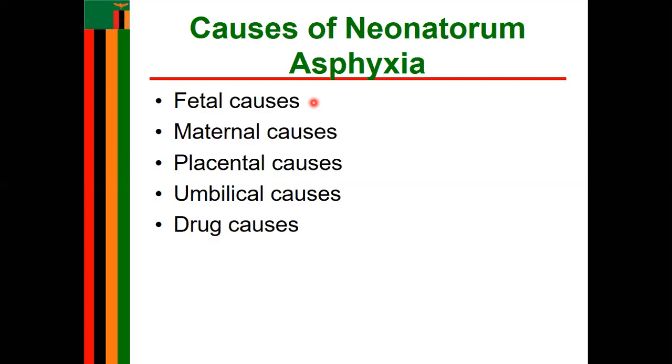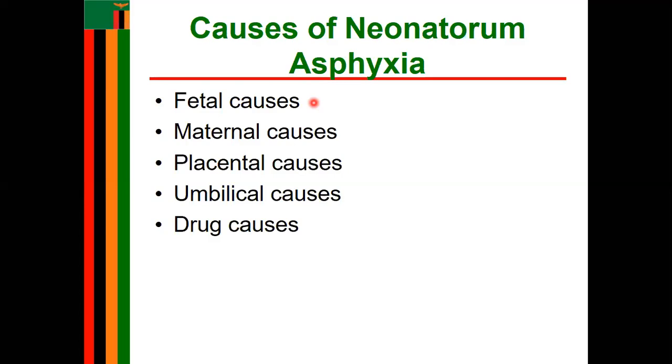Apart from that, it could be due to birth trauma, especially where the baby is being delivered in breech position. So it can result in birth trauma, impairing oxygen supply. Then prematurity is another fetal cause. Remember, in prematurity, the lungs are not mature enough to give out enough oxygen.